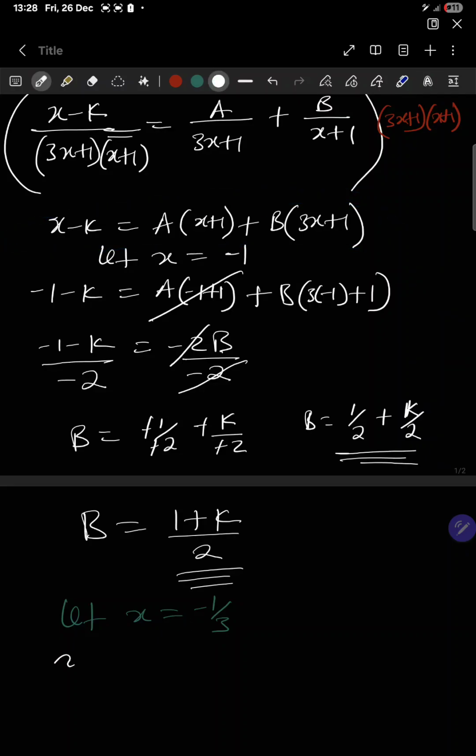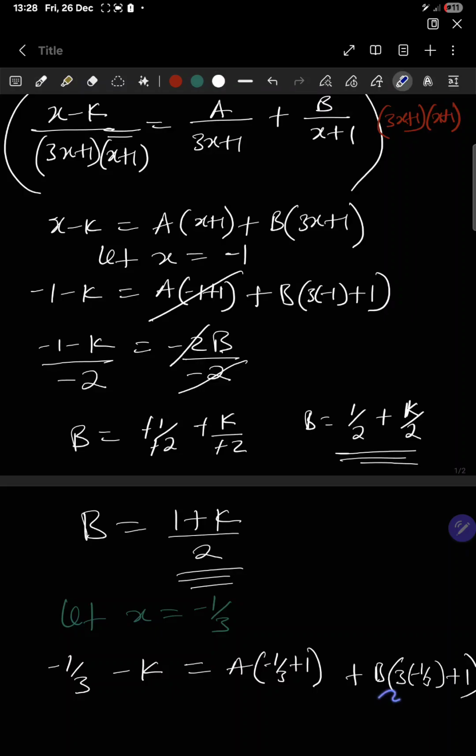So we're going to say negative 1 over 3 minus k is equal to a, open, negative 1 over 3 plus 1, then plus b, open, 3 times negative 1 over 3 plus 1. So in this case, you're going to realize that this part will go to 0.